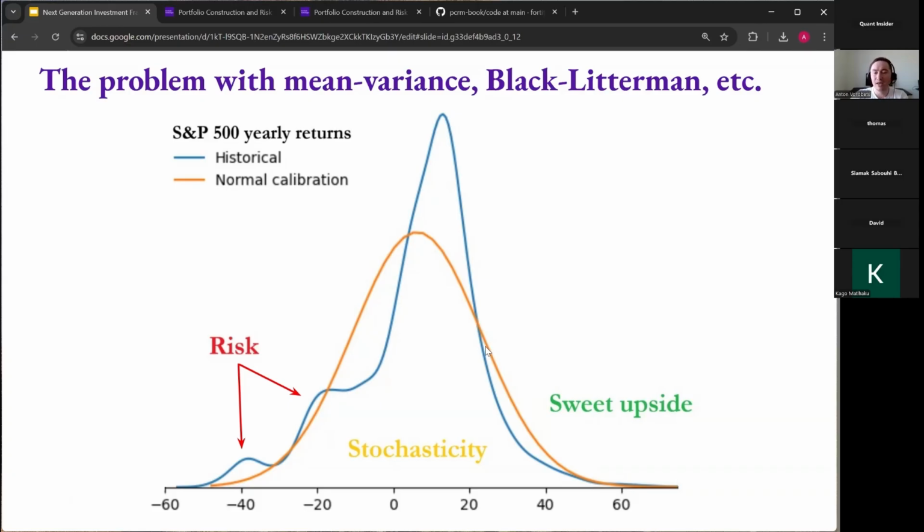And also, when we are using mean variance, there's the fundamental question of what is investment risk? Because when we are minimizing the variance of a portfolio, we are also trying to minimize the upside as much as the downside. But of course, when you invest in the markets, you're probably not worried about becoming too rich.